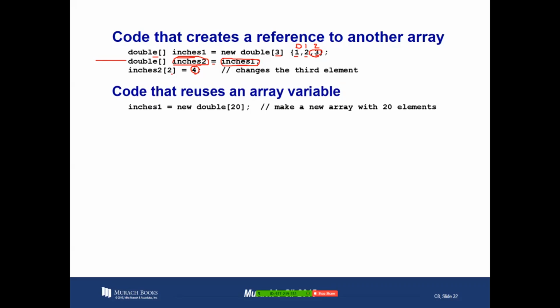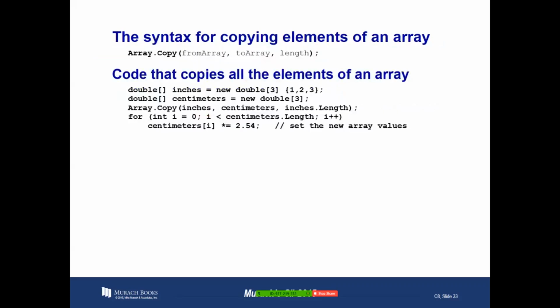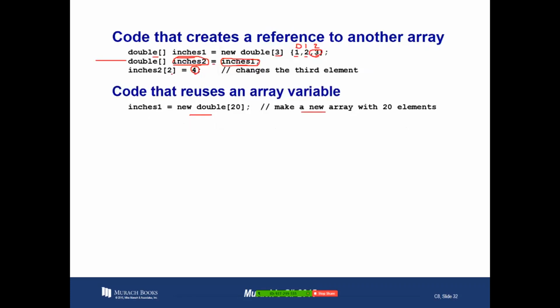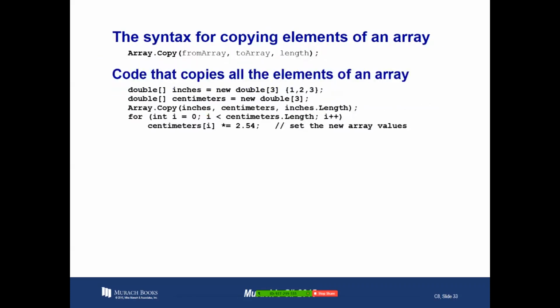It's the same array. So if you mess with inches 2, you're also messing with inches 1. And here we're going to set it to a different array. That's different from copying. Okay, so this is not copying. This is how you copy.